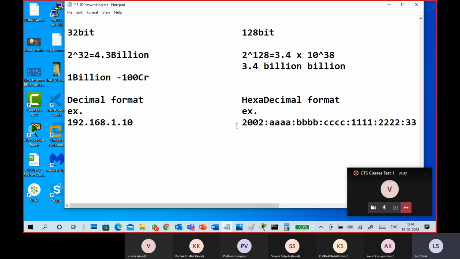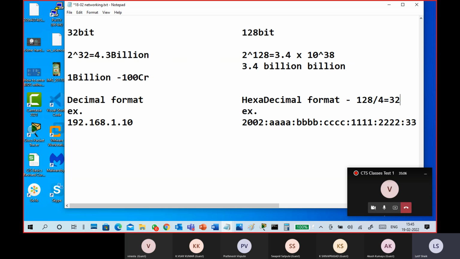How many hexadecimal digits there are is also very important. IPv6 is 128-bit in binary. One hexadecimal digit is equal to 4 binary bits, so it is divided by 4.